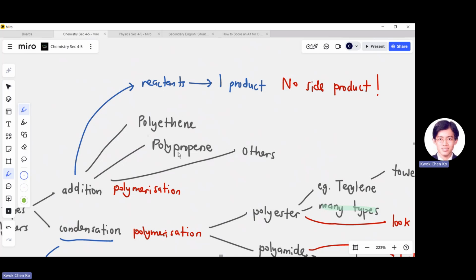Polyethylene is your plastic bag, as in not your backpack, but your Sheng Siong bag, NTUC bag. Polypropylene, typically not for bags, but more for something hard, like your chair or even tables.